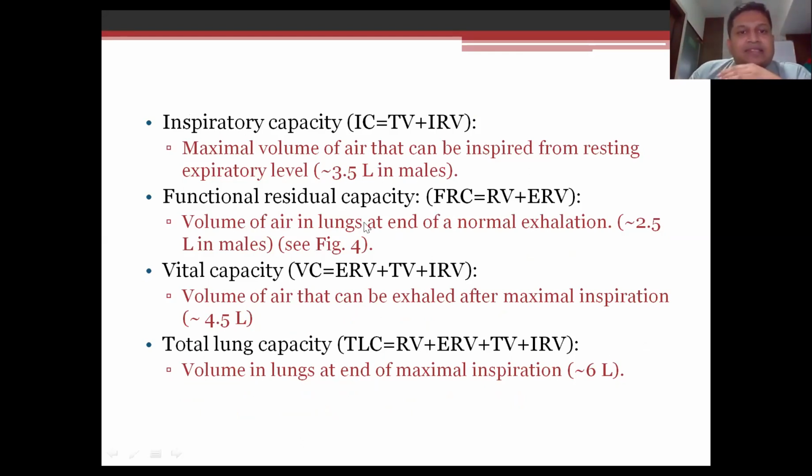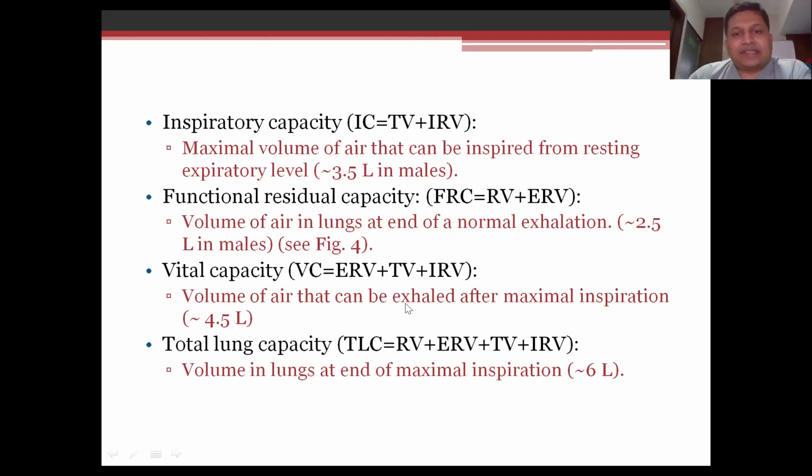Functional residual capacity is the volume of air in the lung at the end of a normal exhalation. So after normal exhalation, how much air is remaining in your lung? That is called FRC. It is a very important lung volume, because in disease, according to the type of disease, it will increase or decrease, and that will affect our way of treating that disease.